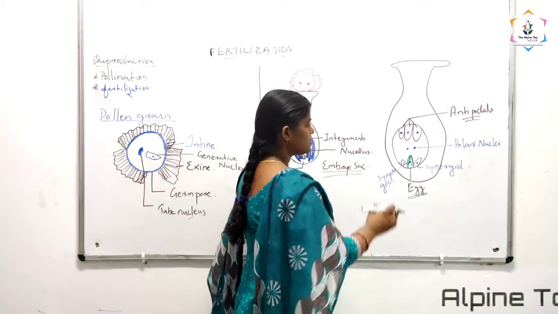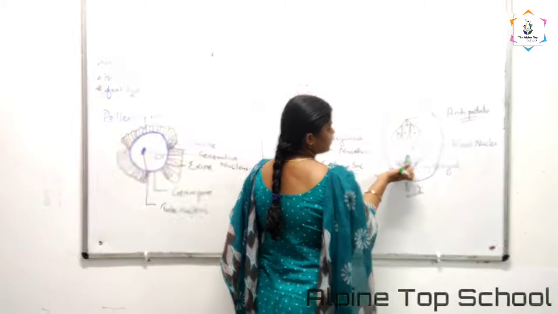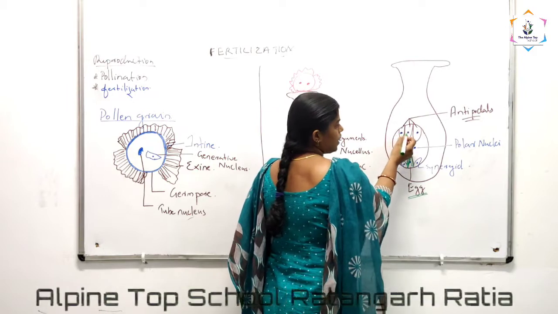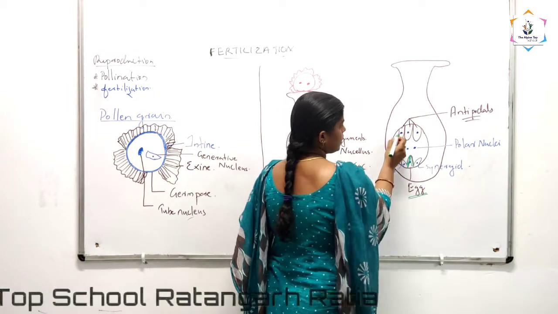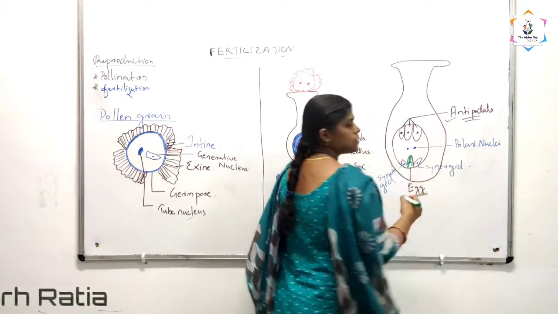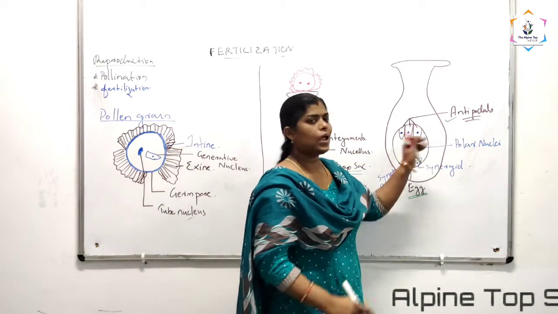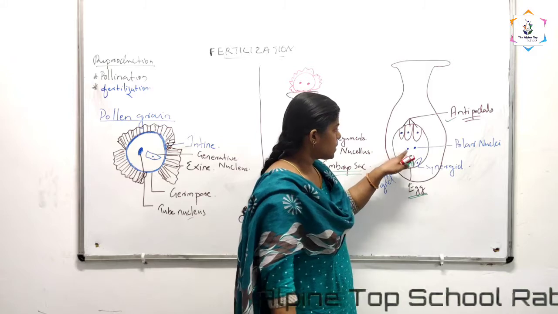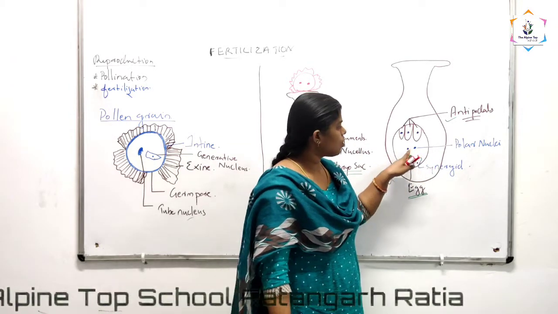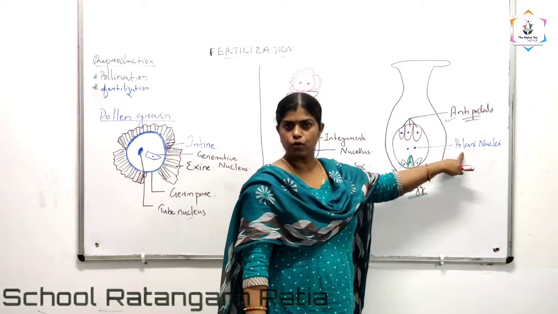Okay, and you can see that opposite to the micropylar end, you can see 3 more cells over here. These cells are known as the antipodals. What is it? Antipodals. Okay, and centrally 2 nuclei are there, and we call these nuclei polar nuclei.